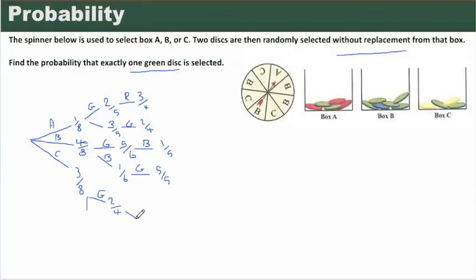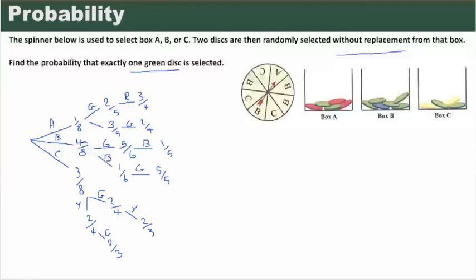I am talking about exactly one green, so the second would be yellow. Yellow would be 2 over 3, because I don't replace the disc. Or what if the first one is yellow? The yellow would be 2 over 4, and the second one would be green, which is 2 over 3.